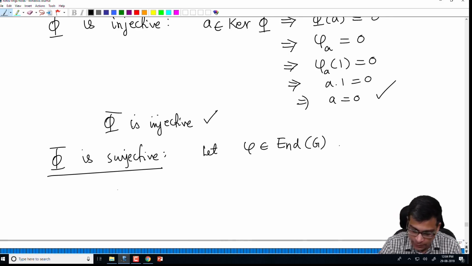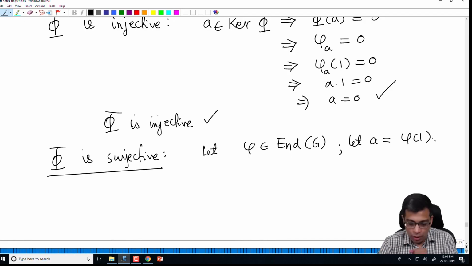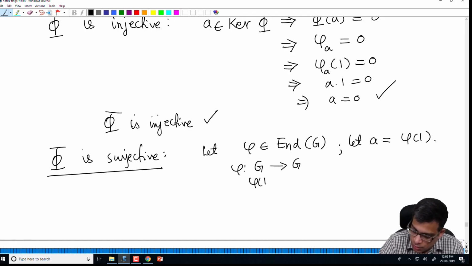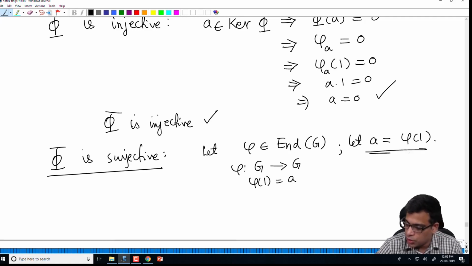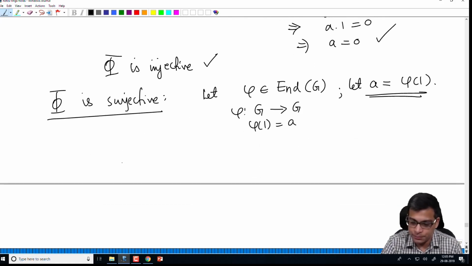Then we claim, I will not prove this. So suppose, before I write the claim, so let A be phi of 1. Remember phi is a group homomorphism from G to G. So I am simply taking phi of 1 to be A. The point is A now determines the entire group homomorphism phi.